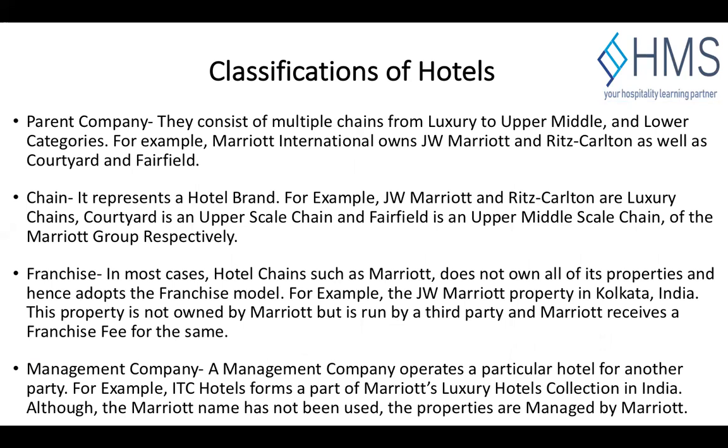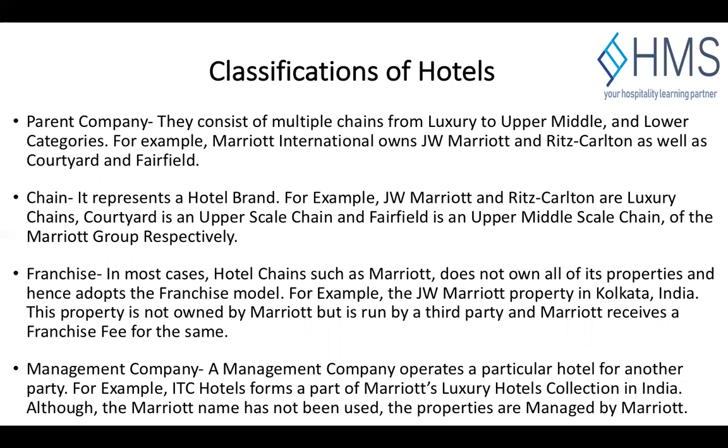Marriott International owns the JW Marriott, the Ritz Carlton, St. Regis, the Edition. These are basically luxury chains under the Marriott umbrella. Marriott also owns its Courtyard and Fairfield, where Courtyard is an upper middle segment of hotels, and Fairfield is a little lower end category.